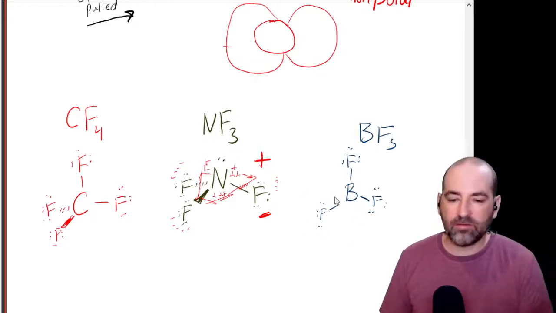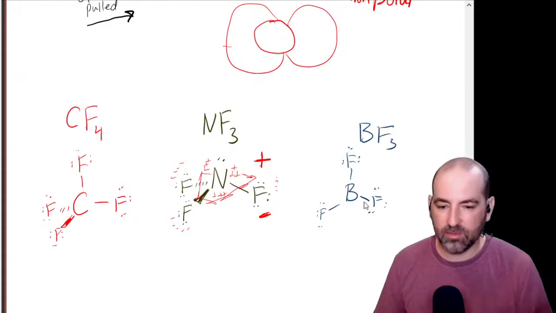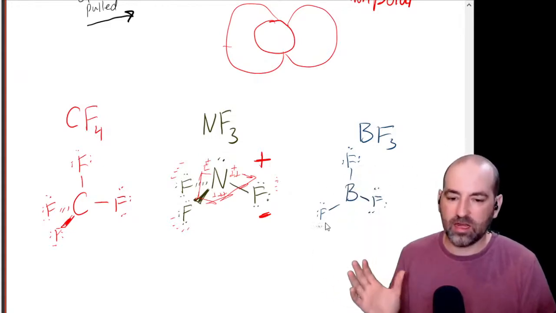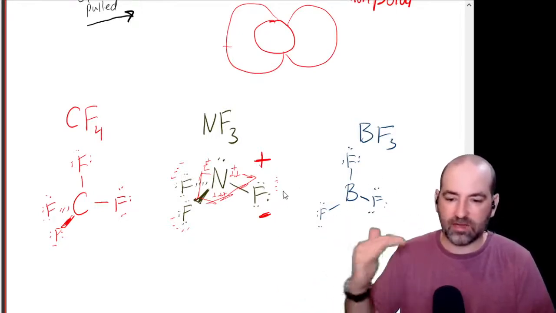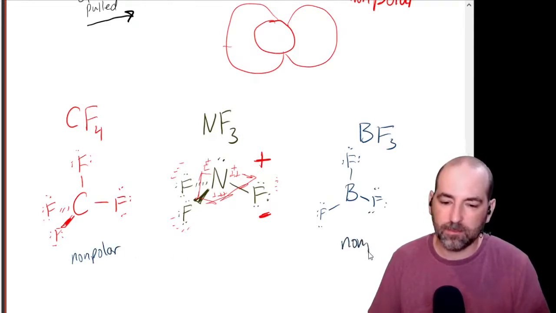Well, then we don't have anywhere we can cut it and separate positive and negative, because the boron in the middle is more positive. The fluorines on the outside are more negative. They cancel each other out, and there's no positive-negative cut. So this one's also nonpolar. And only this middle one ends up being polar.